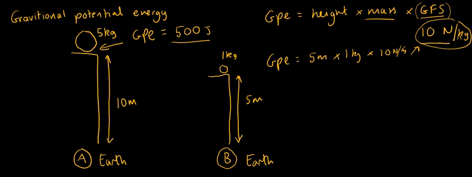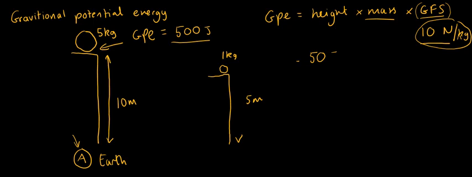And so that is going to give me 5 times 1, 5, times 10, 50. So that is going to give me a gravitational potential energy of 50 joules. And that seems to align with what we were suspecting earlier, that situation A is going to have a greater gravitational potential energy than the boulder in situation B.